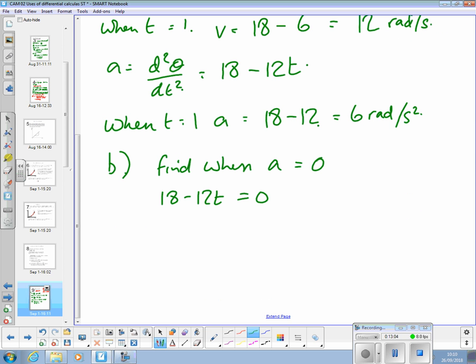We rearrange that: 18 equals 12t. t is equal to 18 over 12 equals 1.5 seconds.